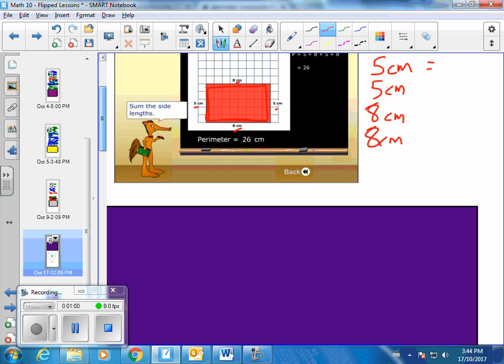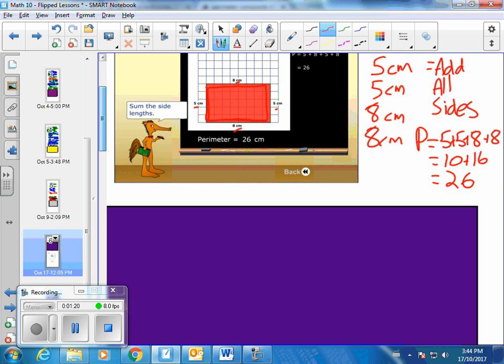All we have to do to find perimeter is add all sides. Very simple. So for this one, perimeter is going to equal 5 plus 5 plus 8 plus 8. 10 plus 16 is 26 centimeters.